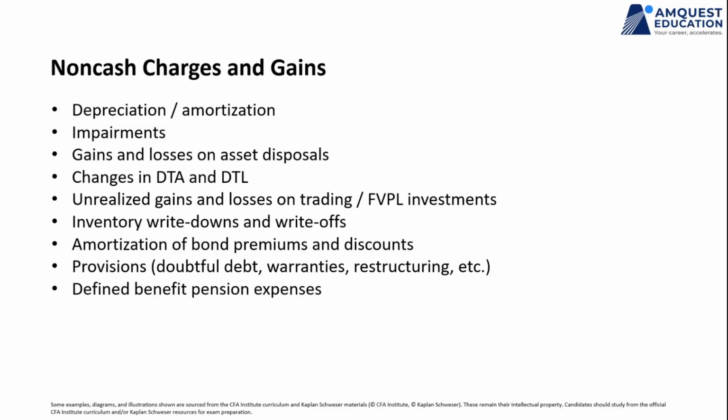All these items eventually are part of non-cash expenses. These are the non-cash type of expenses or non-cash related events. Some of these are part of your cash flow calculations, and we have to treat them by adding them back or removing them from the requisite bucket, right?